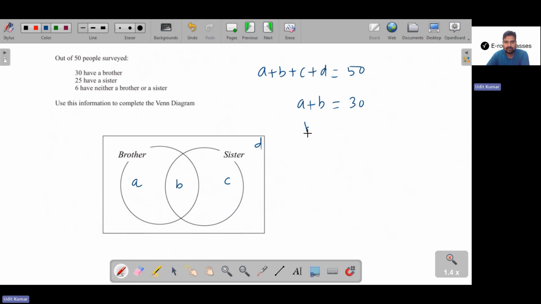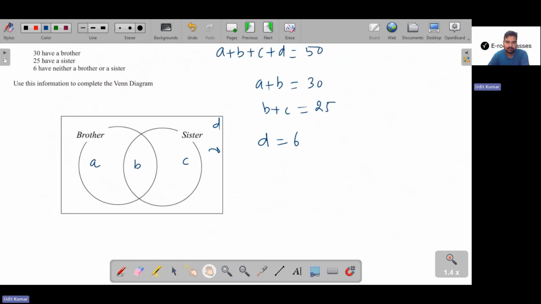So you can say that B plus C is equal to 25. And 6 have neither a brother nor a sister. Now, this is important. It says 6 have neither a brother nor a sister. So neither brother nor sister is represented by D portion, this outside portion, right? Neither brother nor sister. So D is 6.